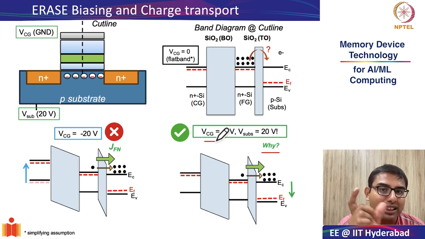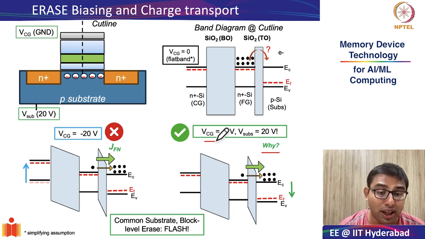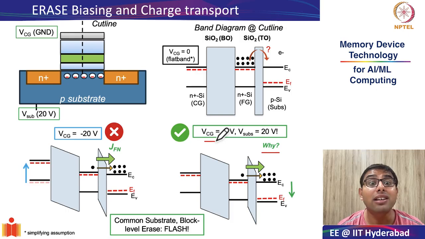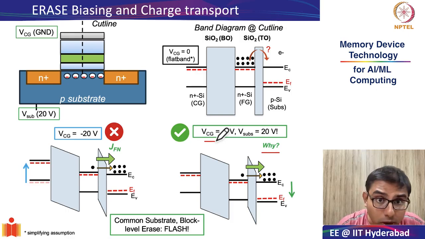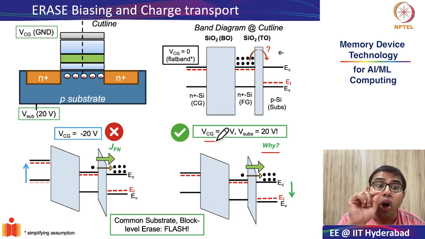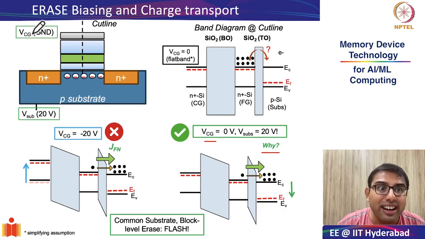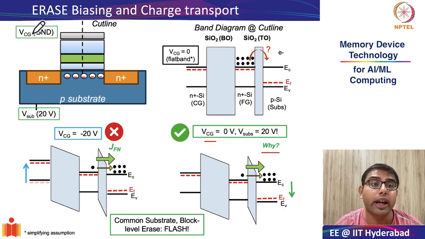Remember where this terminology flash came from. The terminology of flash came from the fact that you can do erase operations at the block level. Remember, your program operation was at the page level. So the applying voltage was done at the control gate. Here, the erase operation is done at the block level. How do you facilitate block level erase?